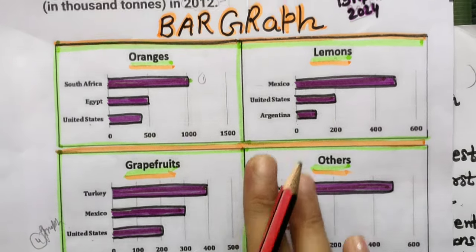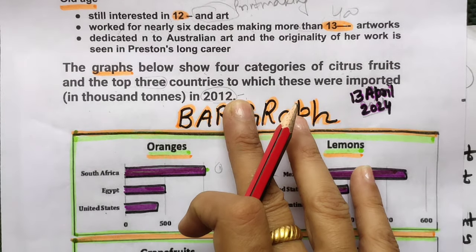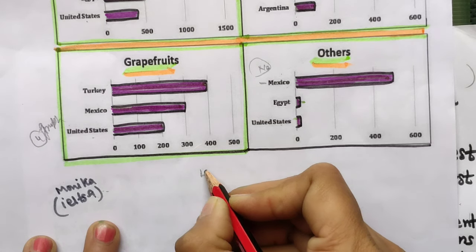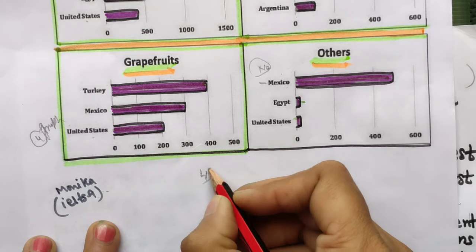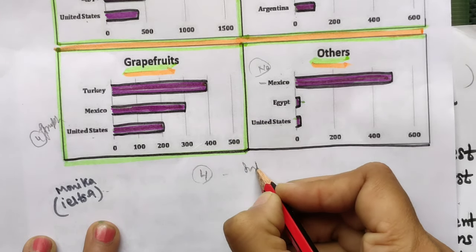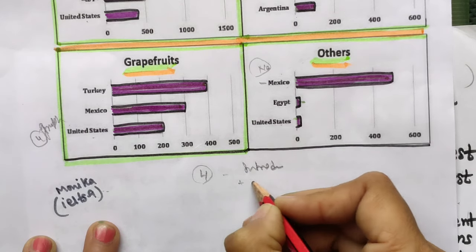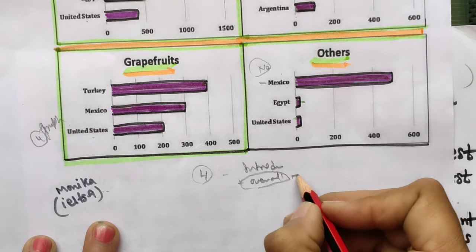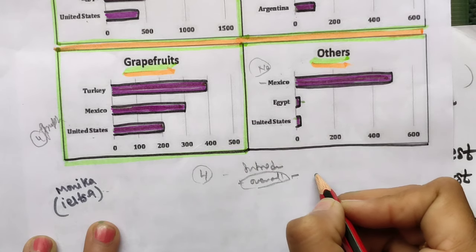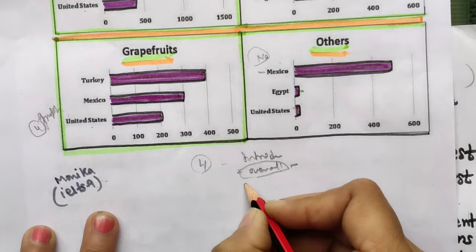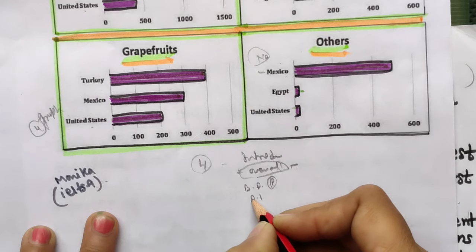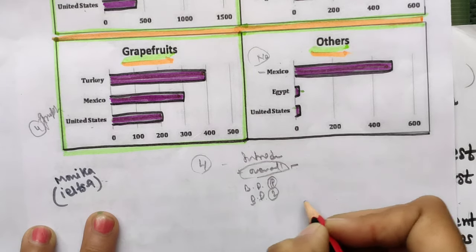Let's write the introduction. For the format, you can make 4 paragraphs or 3 paragraphs. First will be the introduction, second will be the overview. This is optional at the second number; you can write the overview paragraph at the end, as the last paragraph also. Then body detail paragraph number 1, and body detail paragraph number 2 and 3 you can make.